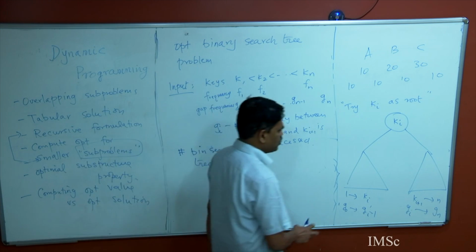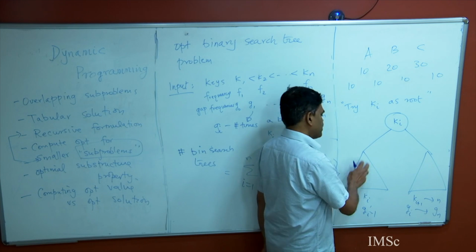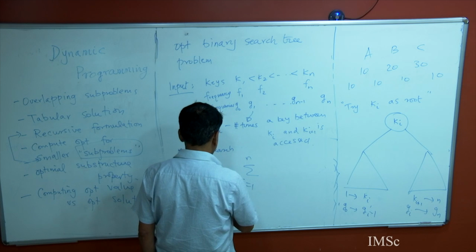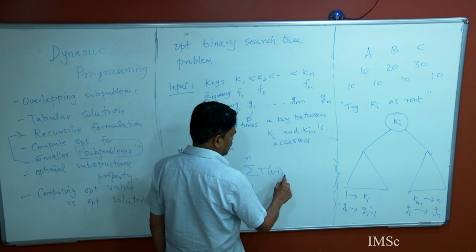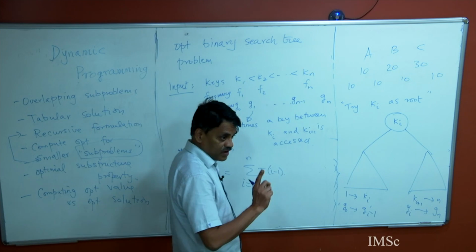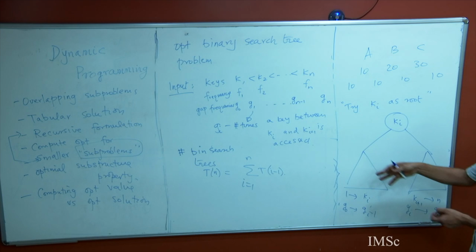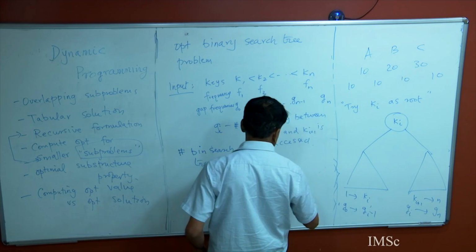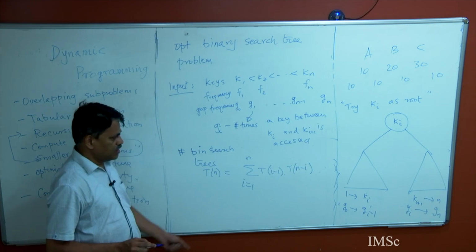Once I put ki as the root, what is this term here? The number of binary search trees on 1 to i minus 1. So, if I call this T of n, it will be T of i minus 1 times, right, because for everything here I can choose this here and that will be an overall binary search tree. So, this will be T of n minus i, summed over i.